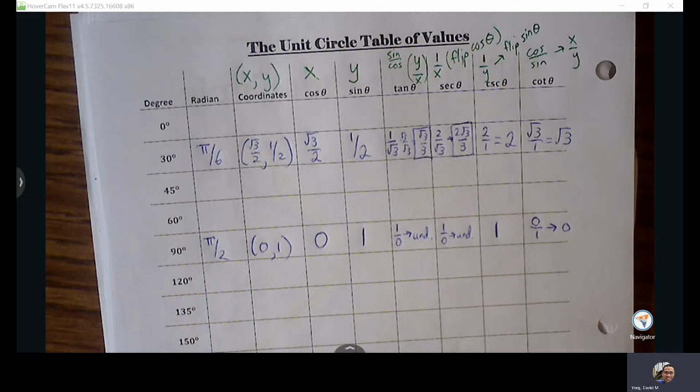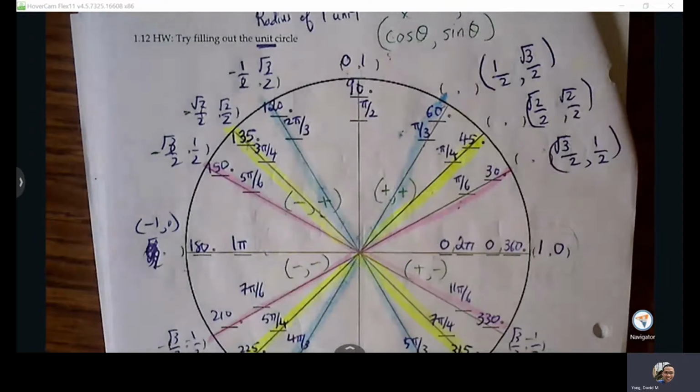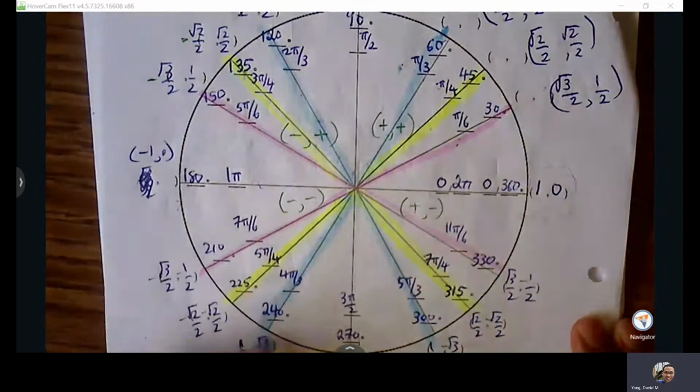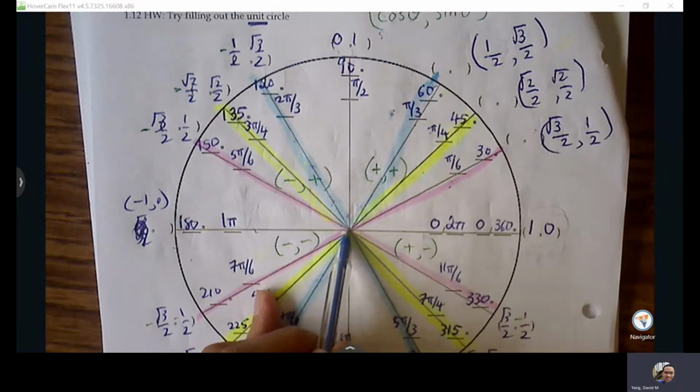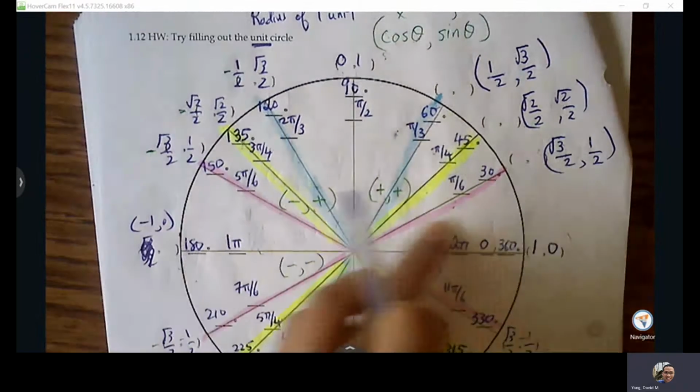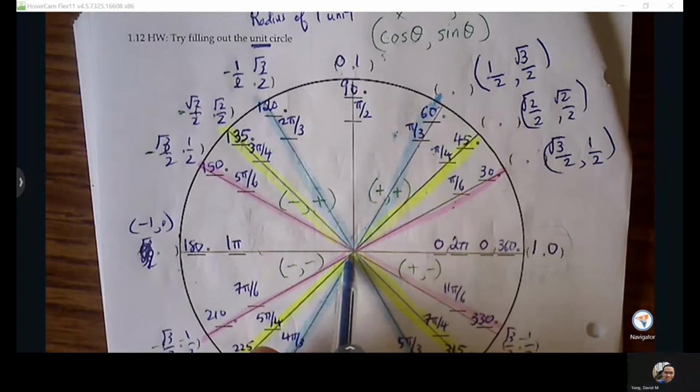Yes. So why is 90 degrees 0, 1? Okay, the reason why is because imagine this is a coordinate plane, and you're sitting here at 0, 0. All your radius is 1 unit away.